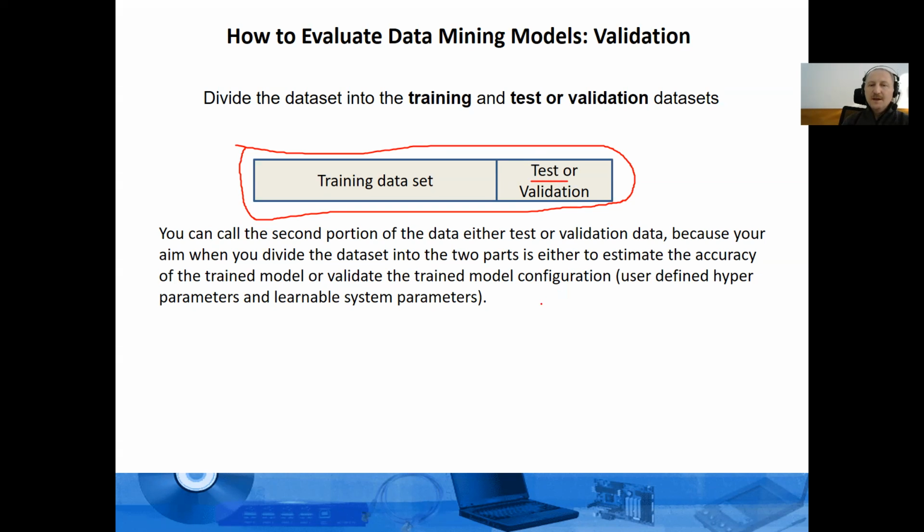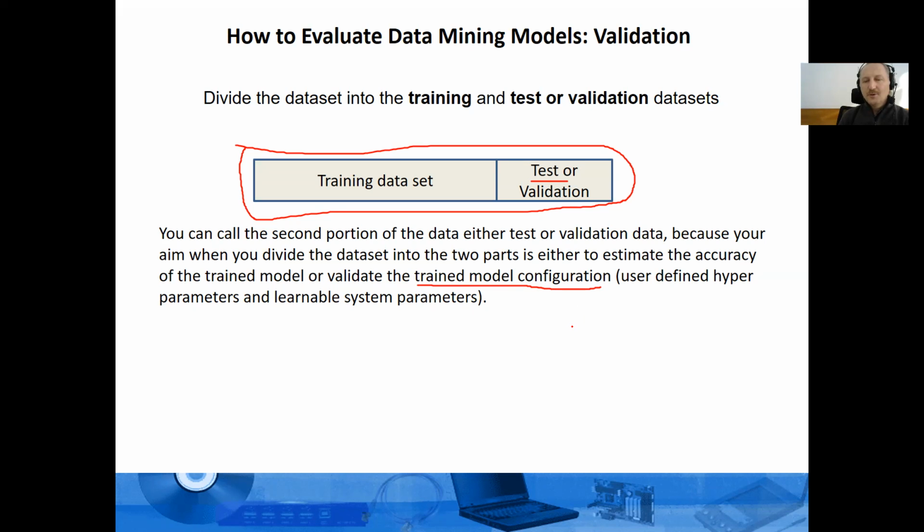Or sometimes, when you have trained a model and at the end have one model, you want to know whether that model is correctly configured. How do you configure a model? Every data mining and machine learning model has some parameters, and you need to configure them.